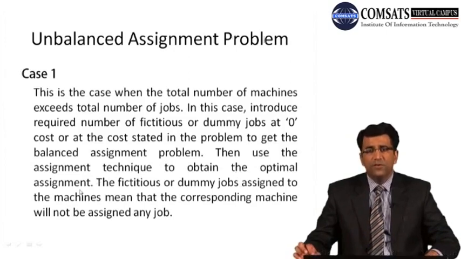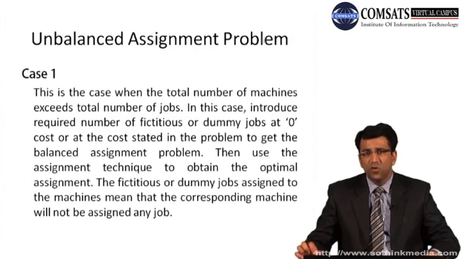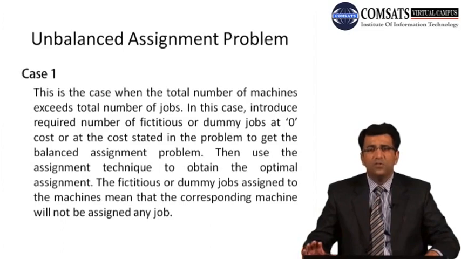So we will just introduce the required number of jobs with 0 cost. That is important. All these dummy jobs introduced in this step will have 0 cost, and thereafter all the steps will remain the same as those adopted in minimization or maximization problems.